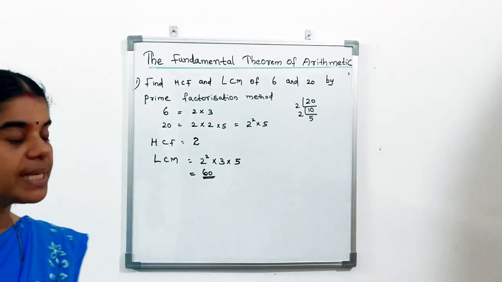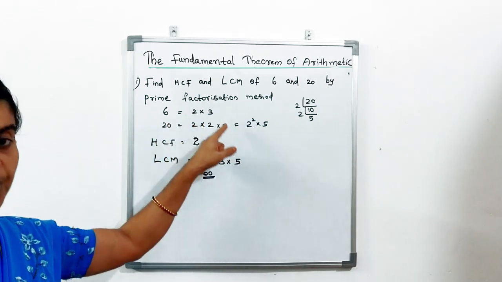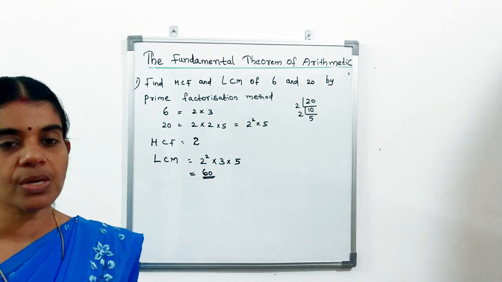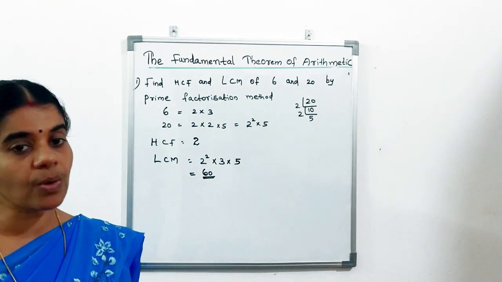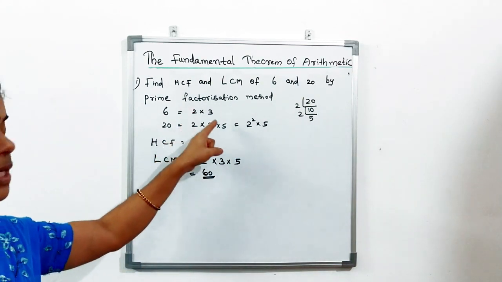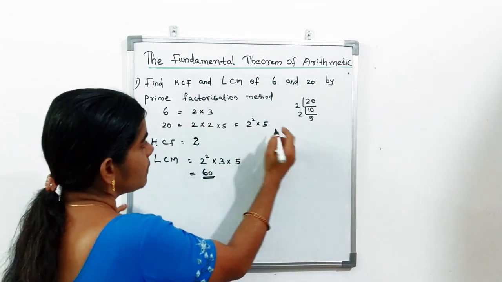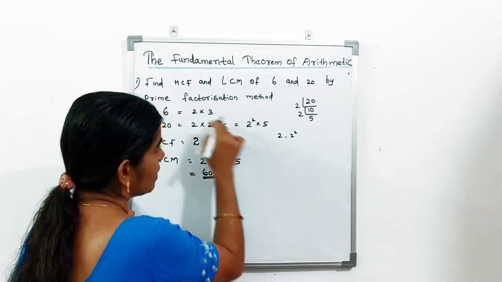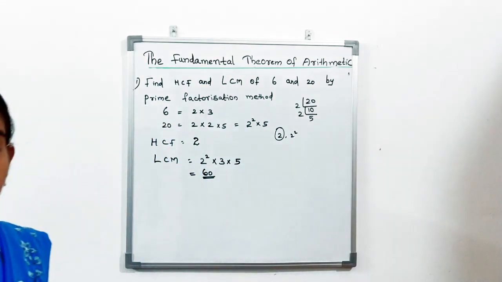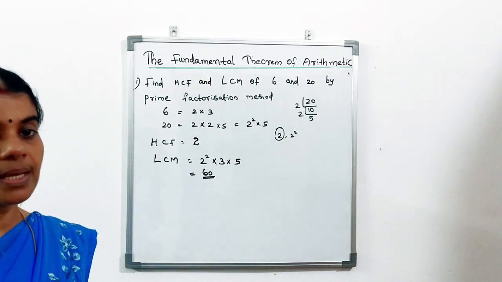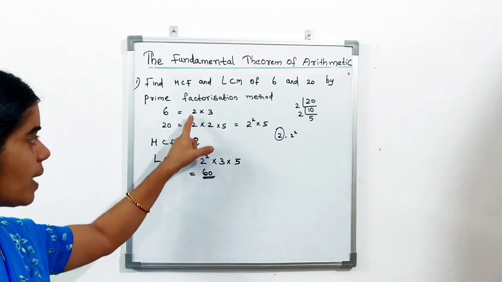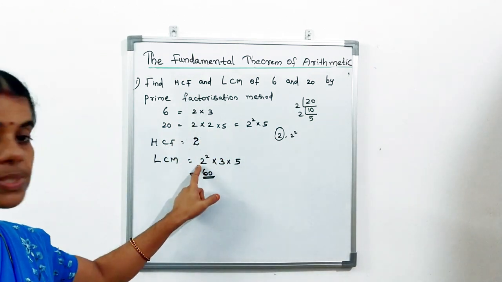Then you understood that first you take the prime factors of the numbers 6 and 20. HCF means highest common factor. First you look at the common numbers from both numbers, then choose the lowest power. Here the common numbers are 2 and 2 square, and the lowest power will be the HCF. LCM means you choose the highest power of the numbers. 2 and 2 square are there, therefore you choose 2 square.